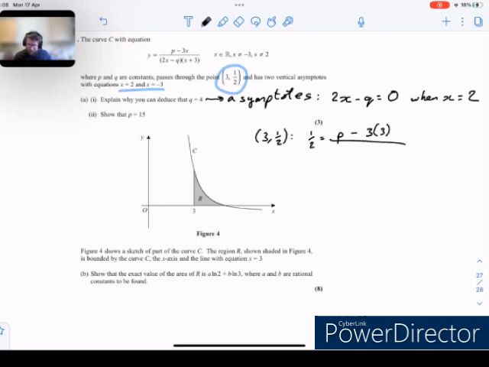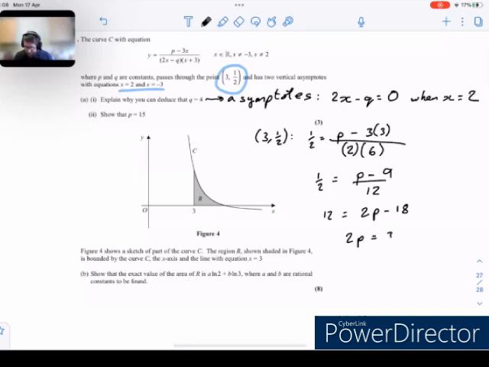We know q is 4, so when we sub in 3 for x, we get 6 minus 4, and then x plus 3. So this means that 1/2 equals (p minus 9) over 12. So 12 equals 2p minus 18. 2p equals 30. So p is 15.